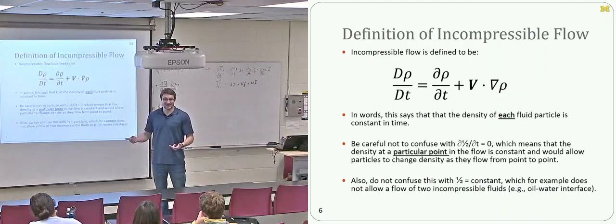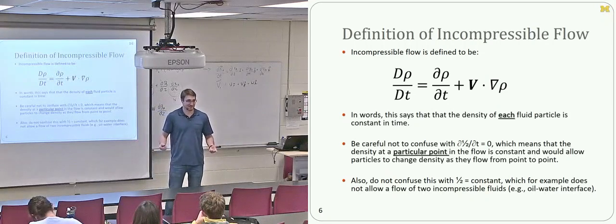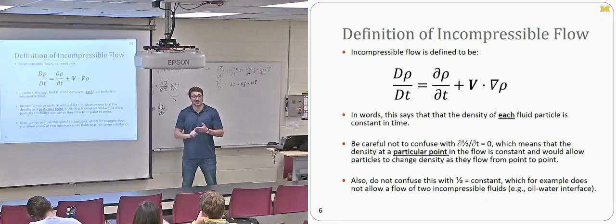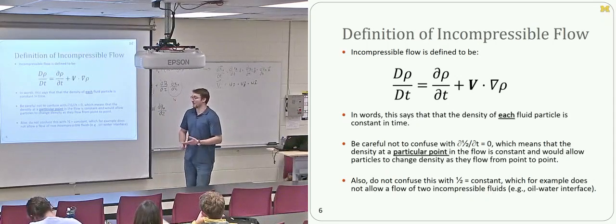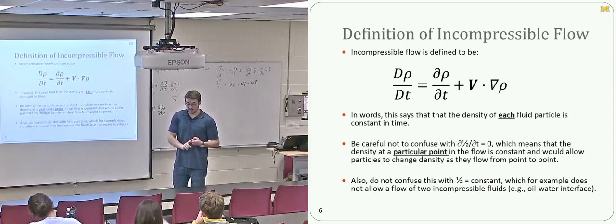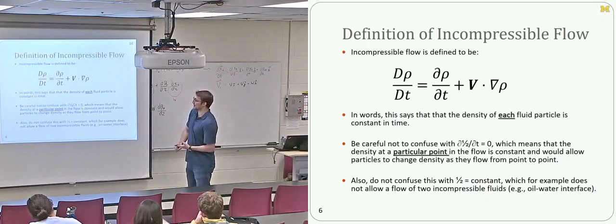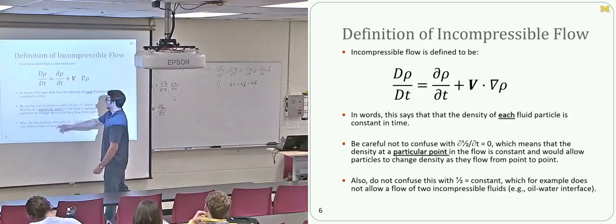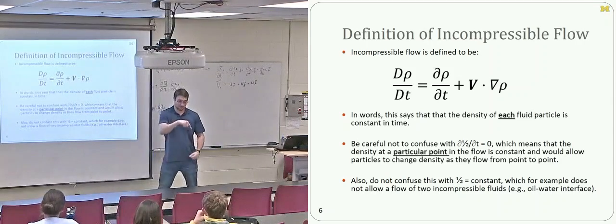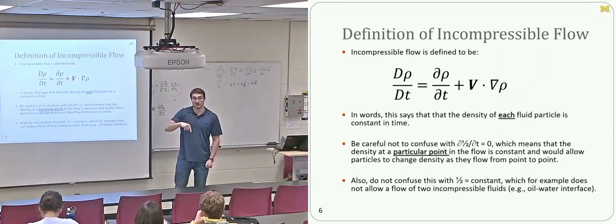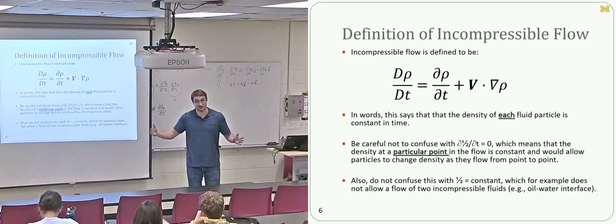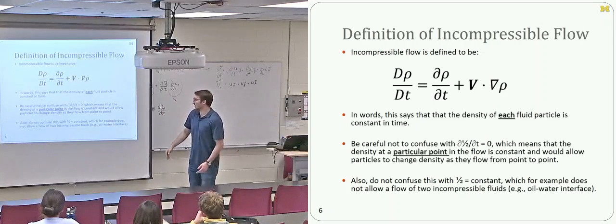But is the density constant in the field either? No, because it's not a homogeneous mixture. So if you have a constant density, that means that it's the same fluid. It's a homogeneous, incompressible case. But the more general statement is to say that the density of each point, or each particle of material that you have in your system, doesn't change in time.